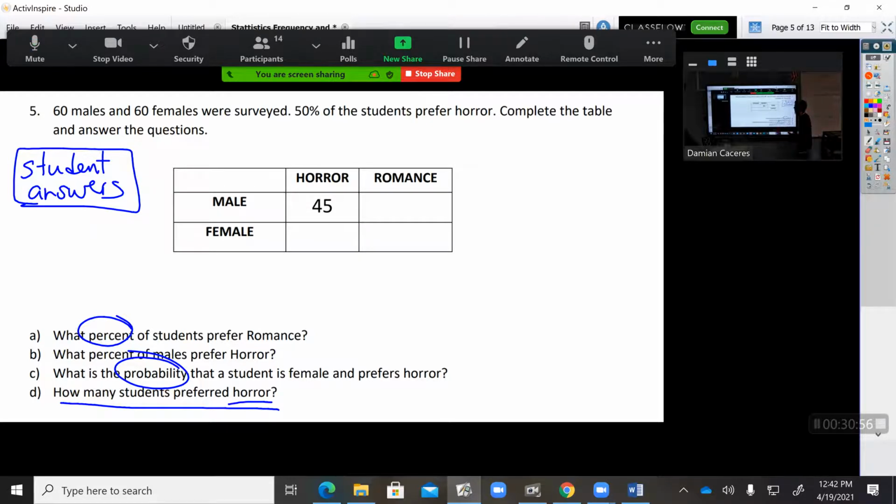First of all, if you read the statement up top, it tells you the answer. 50% of students preferred horror. So what you got when you calculated the total for horror, which is 50% of 120, 60, that has to be your answer. 60 people preferred horror. All right, let's move on.